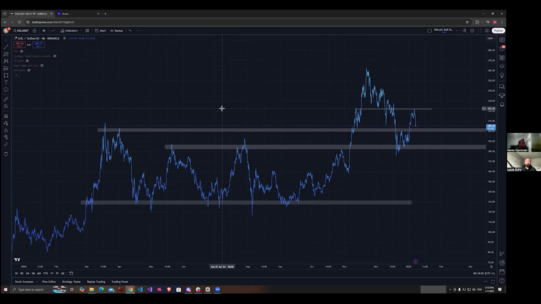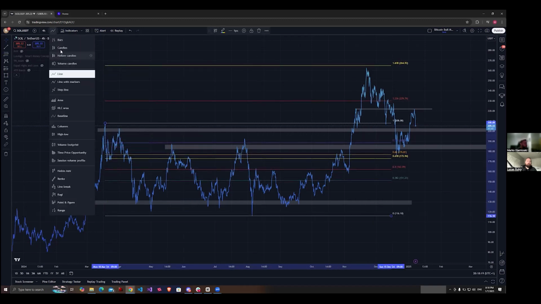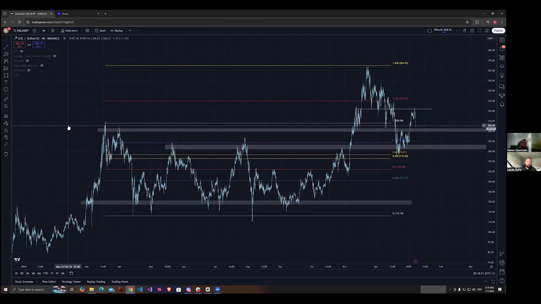So here we have a range for Solana. If we take the median for this range around this middle, if I want to draw the median, we can use the Fibonacci retracement tool and I'll map off this range. So here I'll use the candlestick chart. Why do I use the candlestick chart?